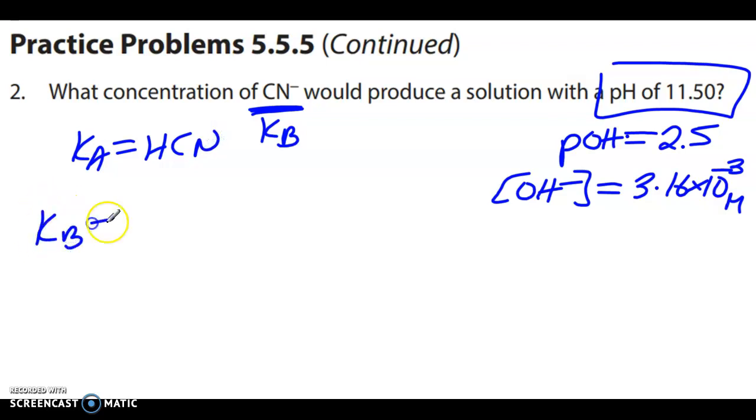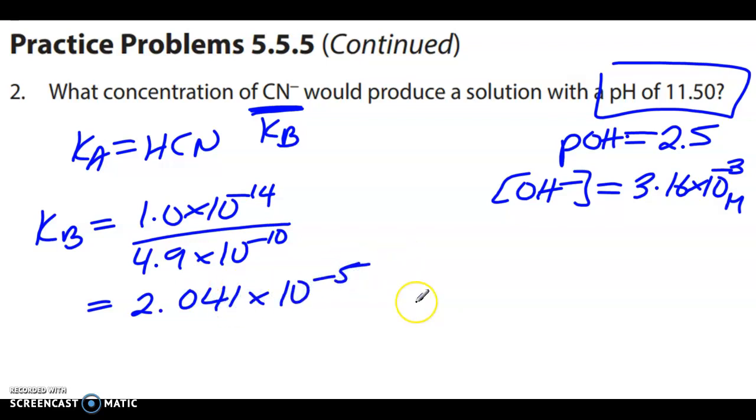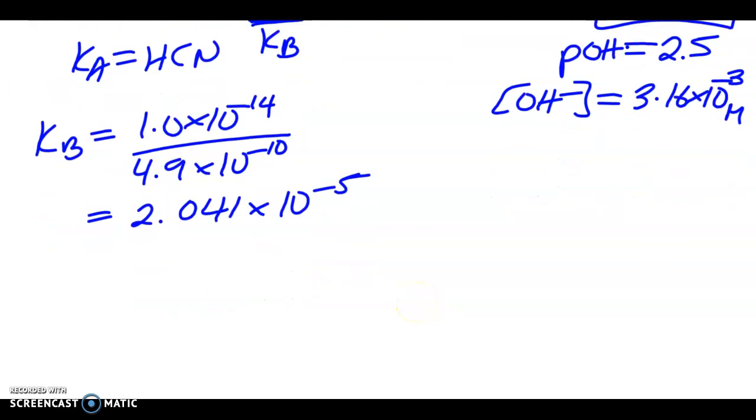To determine the Kb, we do 1.0 times 10 to the negative 14 over the Ka value of HCN, which is 4.9 times 10 to the negative 10. So it's 2.041 times 10 to the negative 5. From here on out, it's the same as that first example.